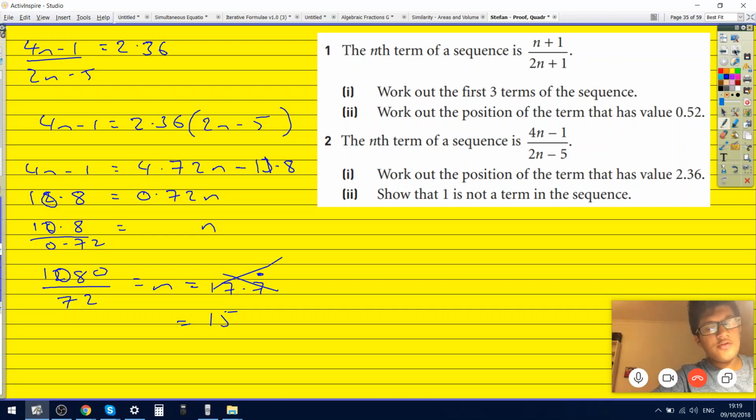Show that 1 is not a term in the sequence. If we assume that it is, we'll say 4n minus 1 over 2n minus 5 is 1.